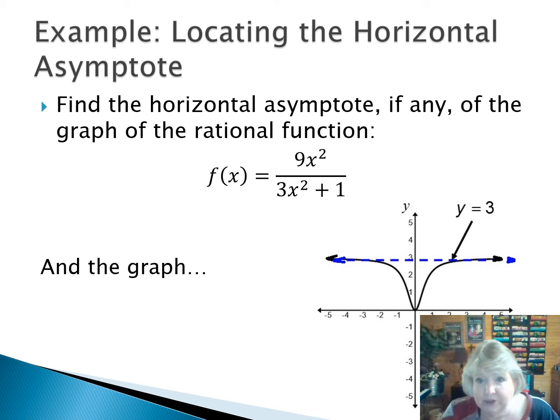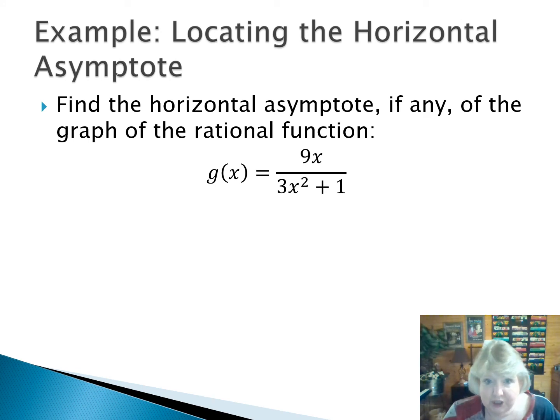My graph here is not perfect. I see now that my little blue line was a little lower than I meant for it to be, but this is the general idea of that function, where y equals 3 was in fact the horizontal asymptote of that graph.